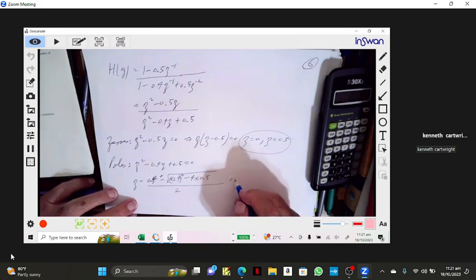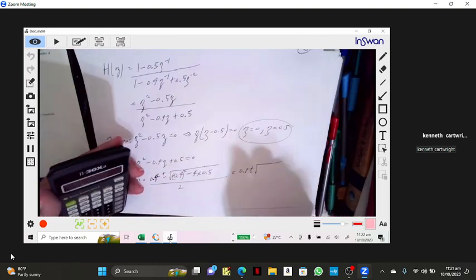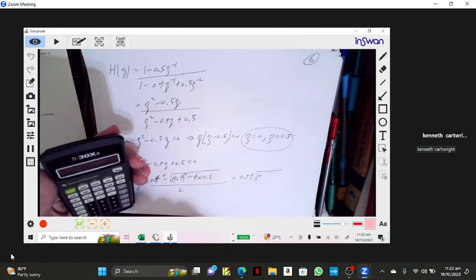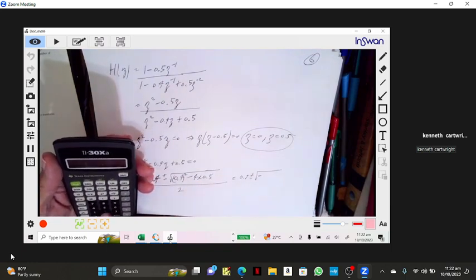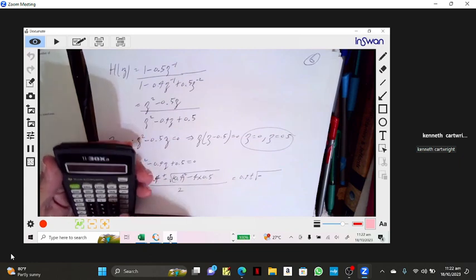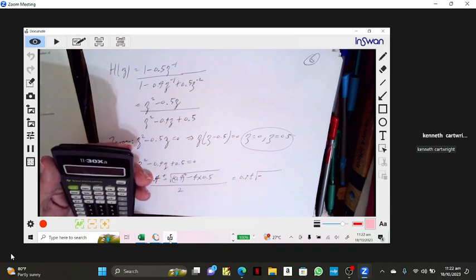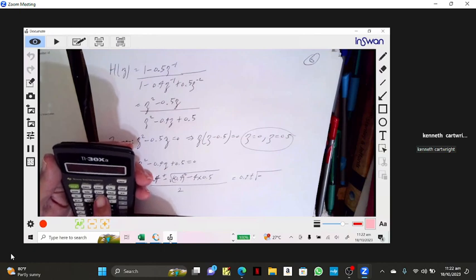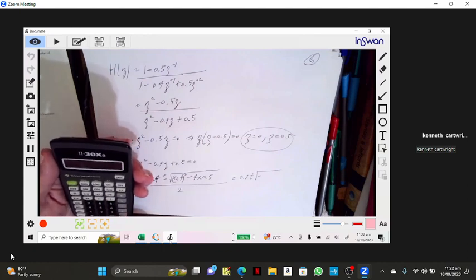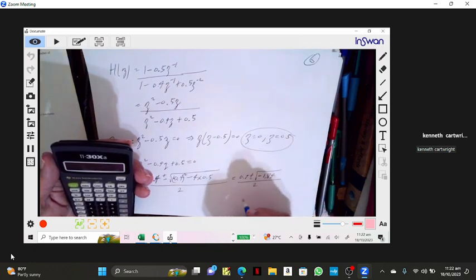Okay, so that's 0.4 plus or minus the square root of 0.4 squared minus 4 times 0.5, that's 2. So 0.4 squared minus 2 is minus 1.84, over 2.